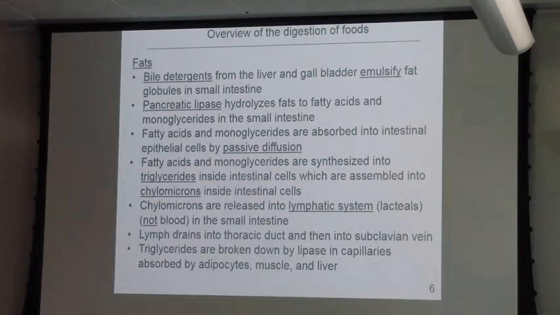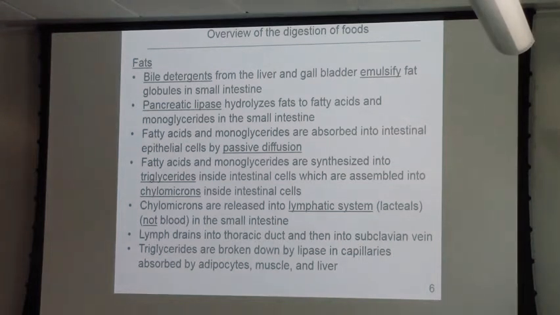Fat is more complicated. So let's just walk through the story of fat. You eat a blob of butter. Butter's not pure fat. Butter has protein in it, but if I told you about pure fat, you'd start to gag. It's just like Crisco.